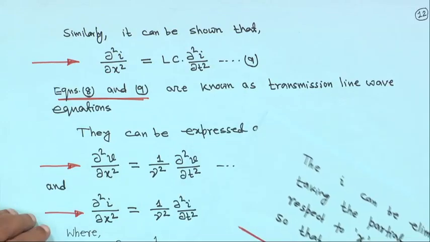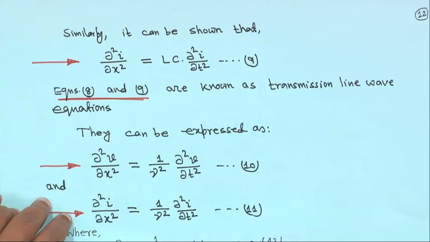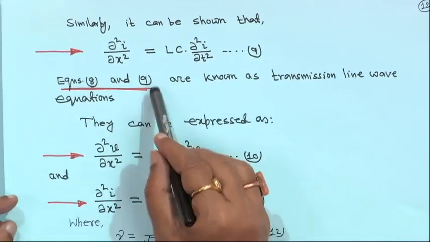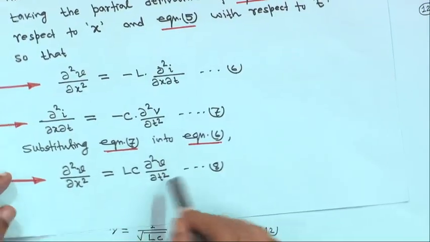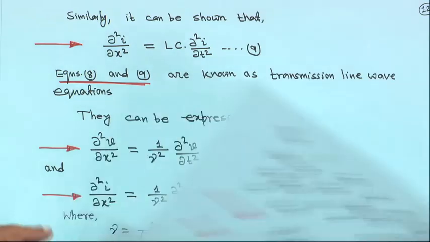So, equations 8 and 9 are known as the transmission line wave equations. Equation 8 is for the voltage and equation 9 is for the current.